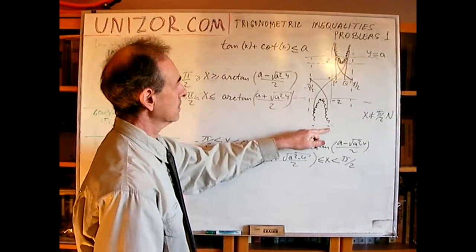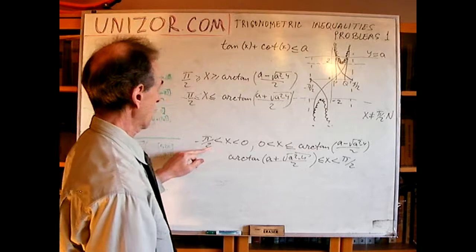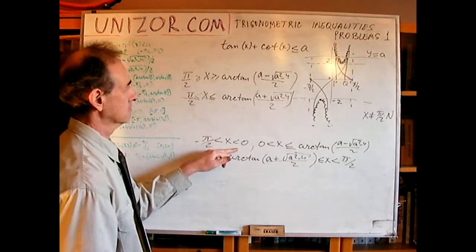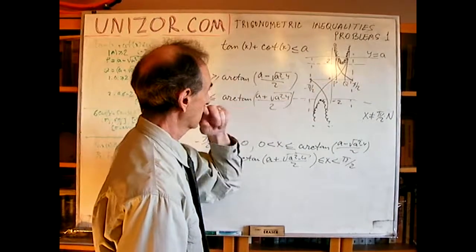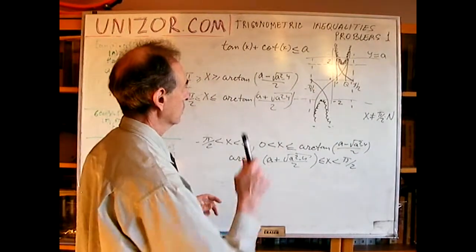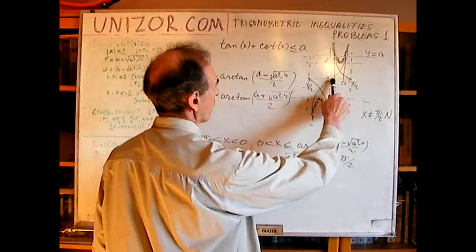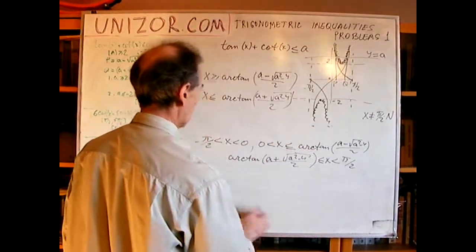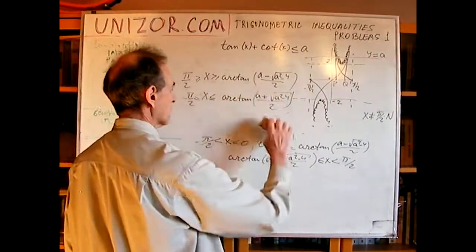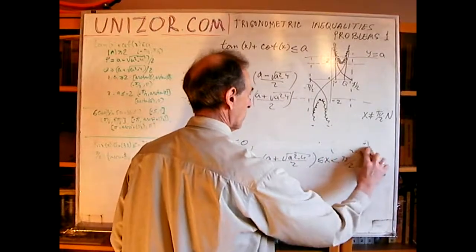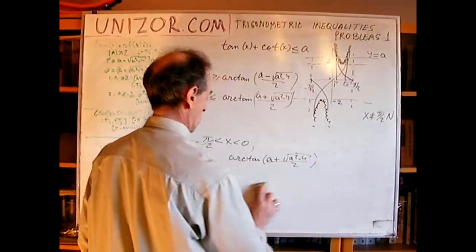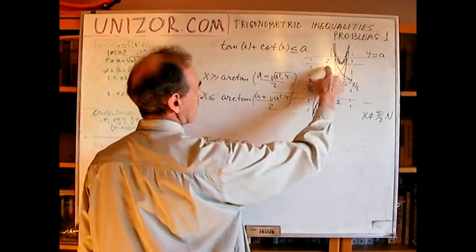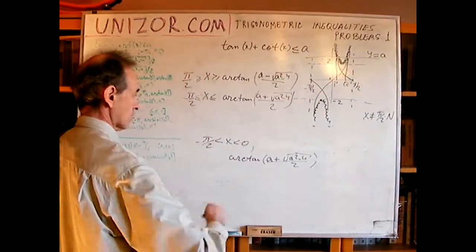Then this piece, oh, no. It's not before that, it's in between these things. So I'm wrong. So we have to combine these two together. So it's not to the left and to the right, it's in between actually.